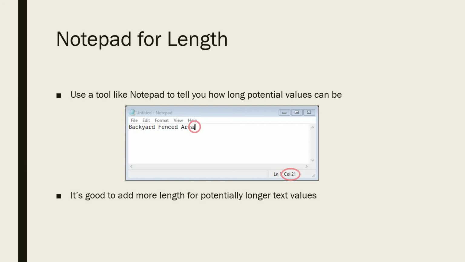I take the column and I subtract 1 because the leftmost position is position 1, and I can readily tell that my text value is 20 characters long. Now if I'm smart, I'll anticipate longer values, so I might create a field that's actually 25 or 30 characters so that things I didn't expect can fit in that field.